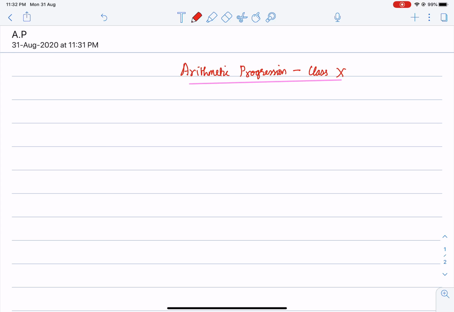There are three basic words that you have to know: sequence, series, and progression. Sequence and series are basically synonyms.